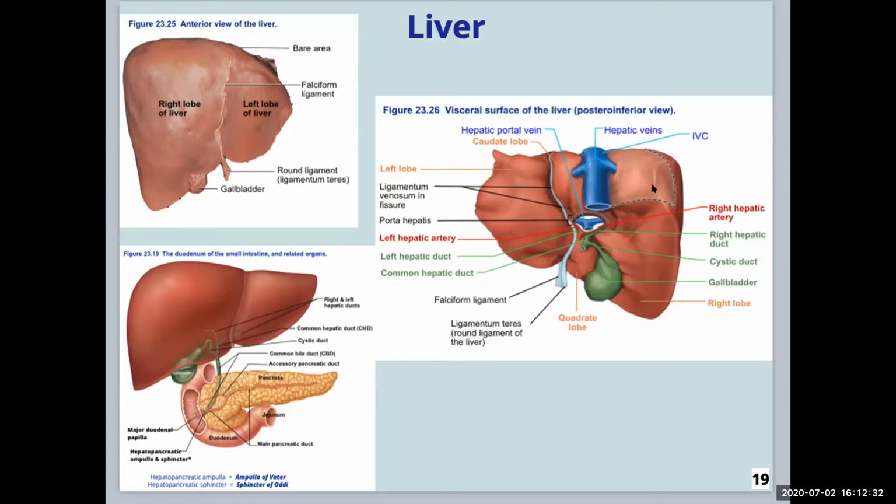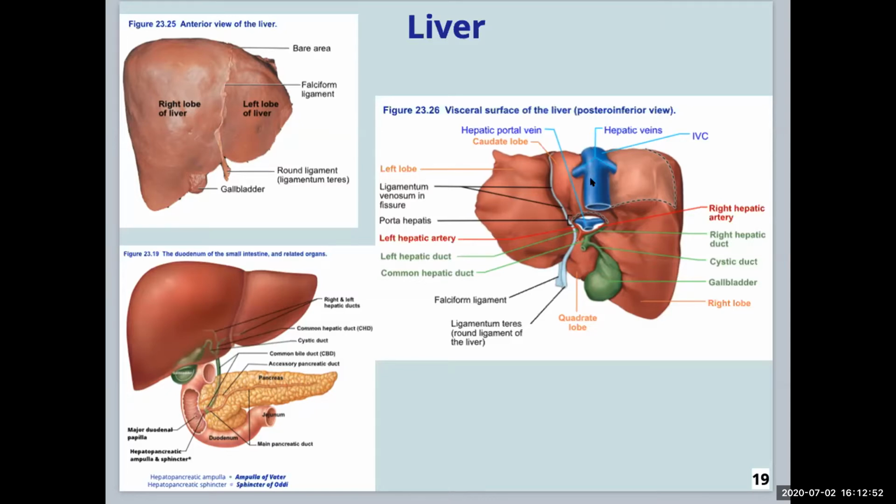After that blood has been processed and detoxified, it drains through tiny venules that merge to eventually form the hepatic veins. So the hepatic veins carry blood away from the liver into the inferior vena cava.